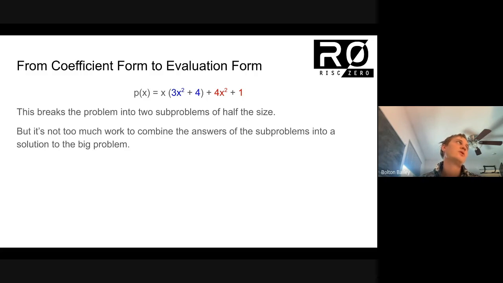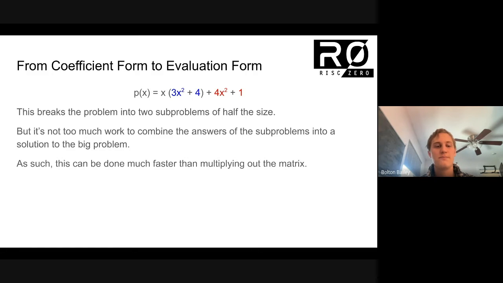And that would add some overhead. But if you're halving the problem at every step, even a very large number, if you keep dividing by 2, you'll very quickly get to 1. And so the fact that we are doing this recursion only really adds a logarithmic factor to the size of the problem. And so we end up doing much faster than multiplying out the matrix.